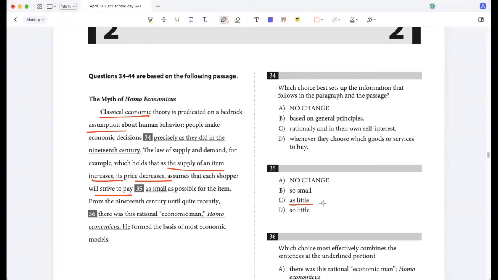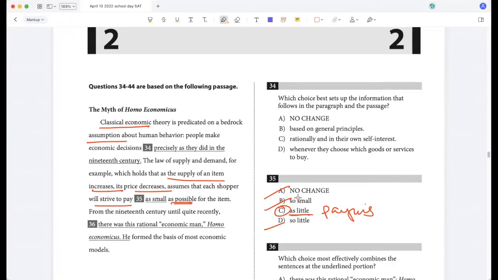We are trying to talk about paying something, right? So the best adjective for that is little, not small. So A and B are out. And as little as possible, so not D also. And now we need to decide a best introduction.